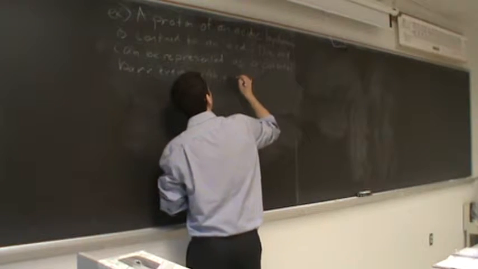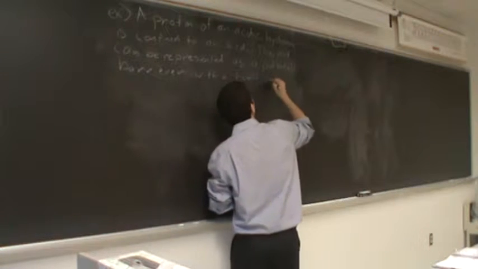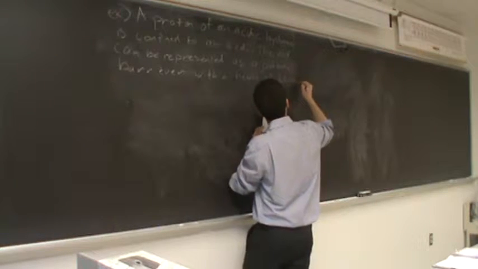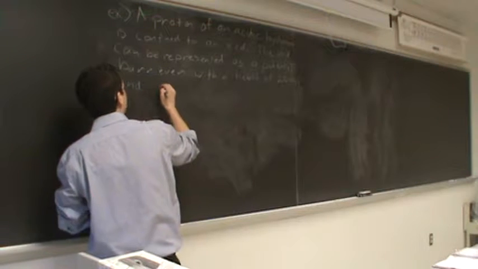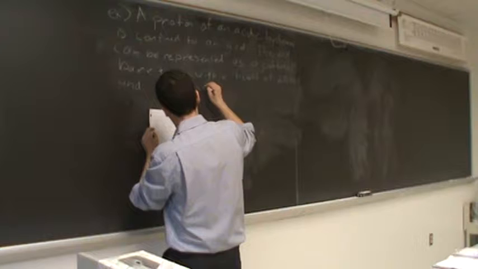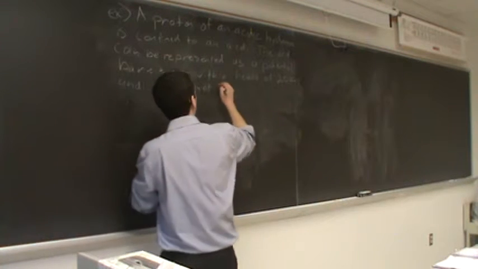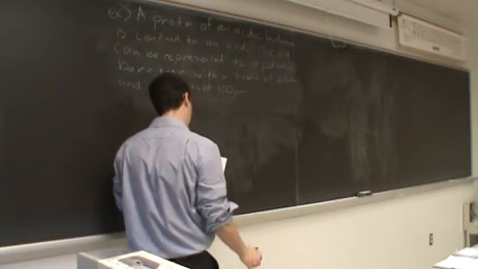With a height of 2.000 electron volts and a length of, let's go with 100 kilometers.